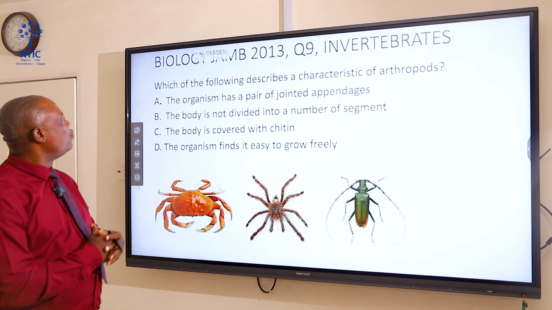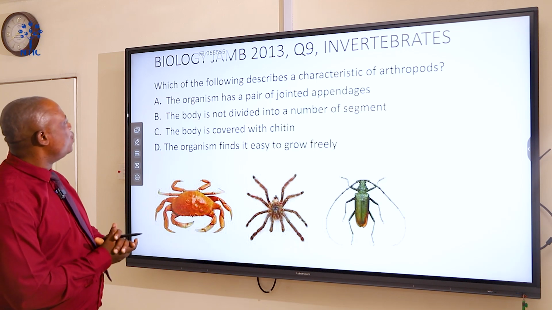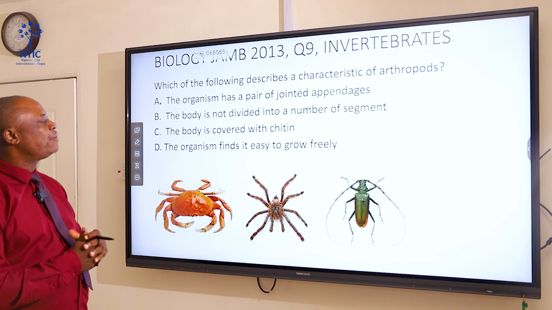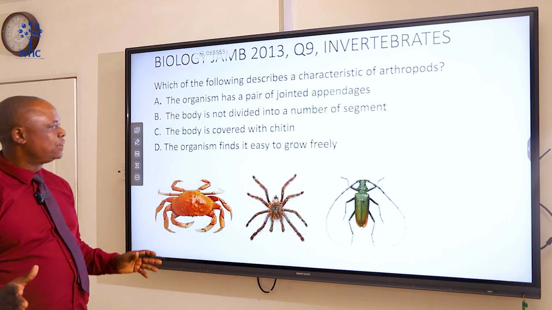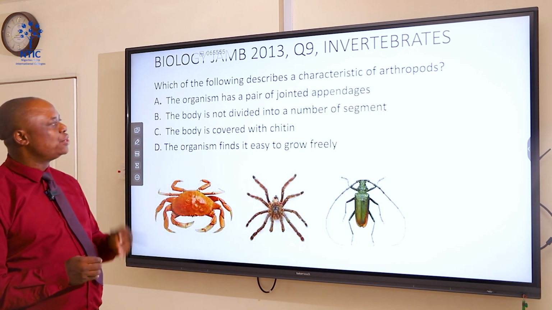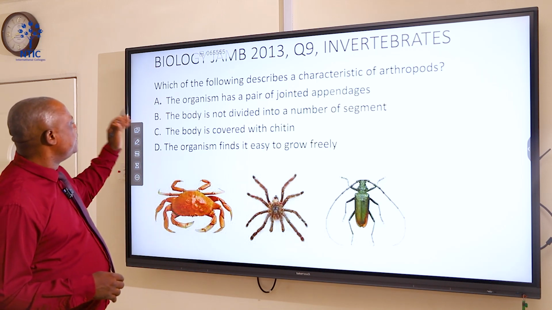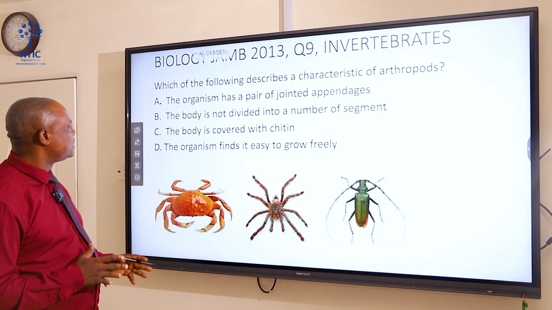Then we have question 9. Which of the following describes a characteristic of arthropods? A, the organism has a pair of jointed appendages. B, the body is not divided into a number of segments.